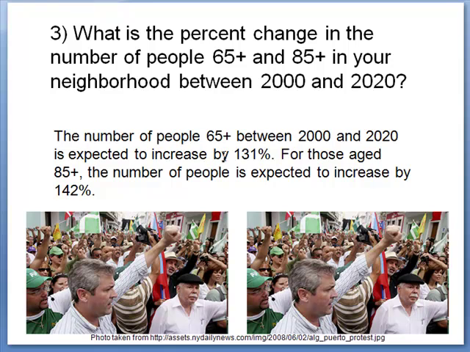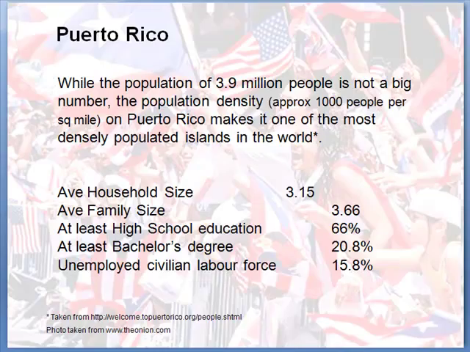So he found a 131% increase in the population 65 plus and a 142% increase in the population 85 plus over 20 years. So that's in a nutshell what I hope. We'll learn a little bit about the area that you chose, a little bit about a service provider, and provide some useful information about that community and how that community might be changing.